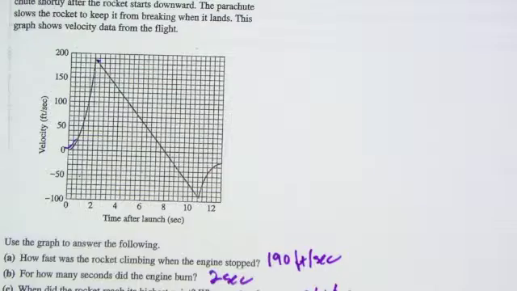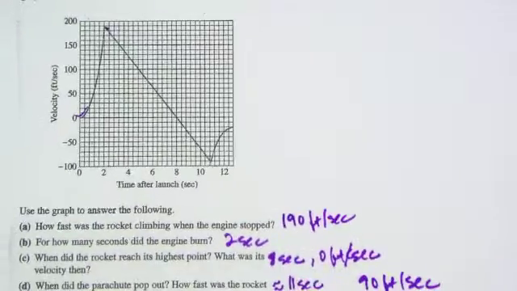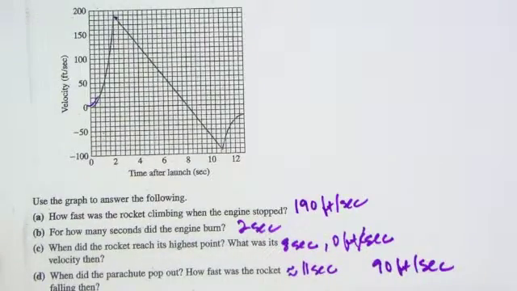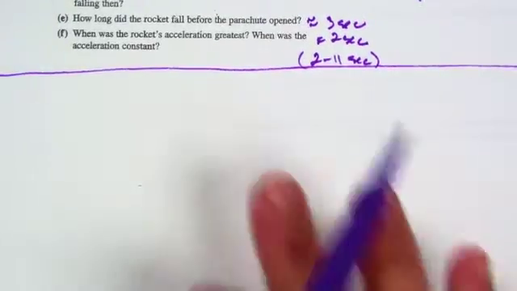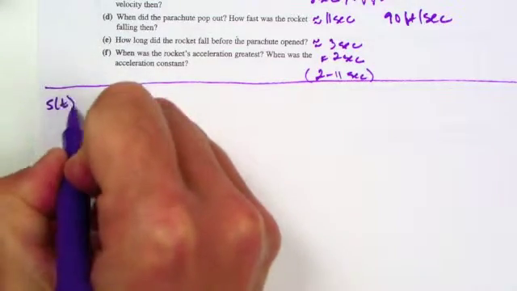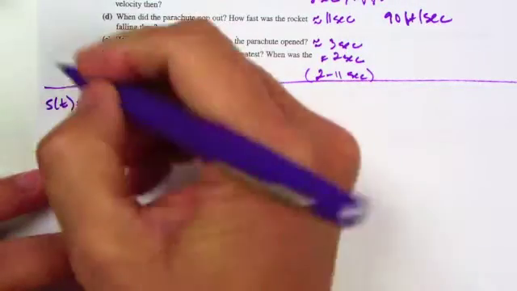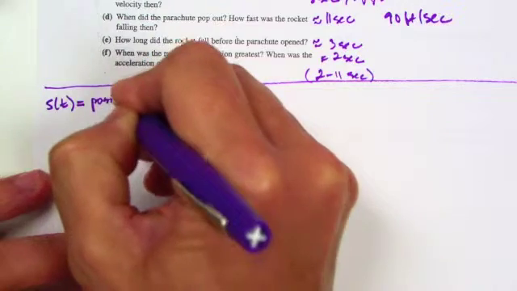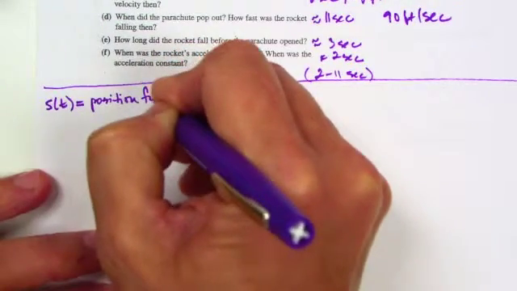We need to summarize some things that are happening in this problem, and we need to talk about the calculus involved here. In calculus, s of t is going to represent the position function that we're dealing with.